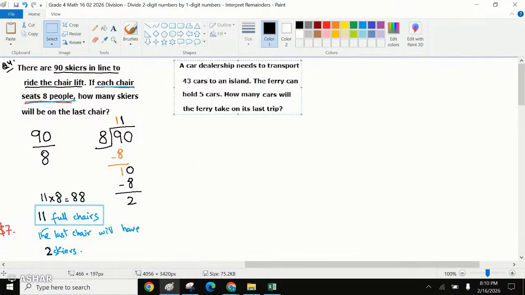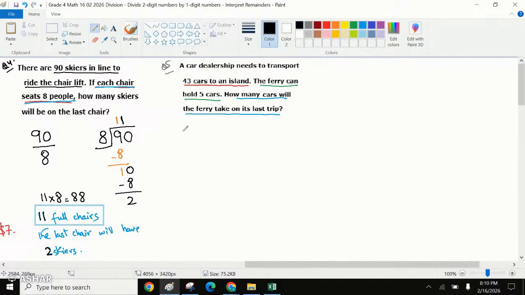The question says a car dealership needs to transport 43 cars to an island. The ferry can hold 5 cars. How many cars will the ferry take on the last trip? Okay.